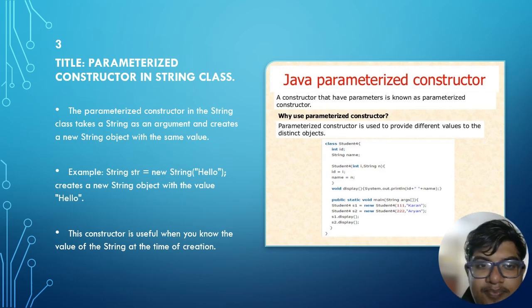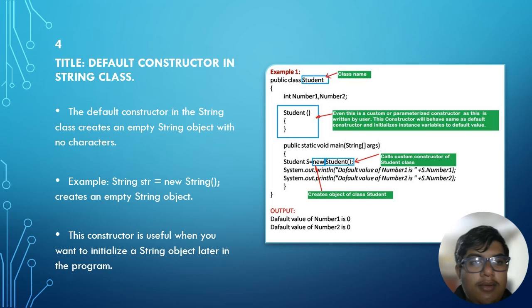Now let's see the default constructor. The default constructor in the string class creates an empty string object with no characters. Before, we created and placed the value when we knew it. Now we are just creating an empty one. You can see the example str equals new String of, which creates an empty object with no characters.